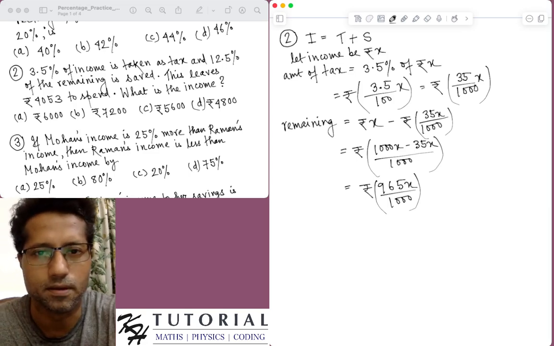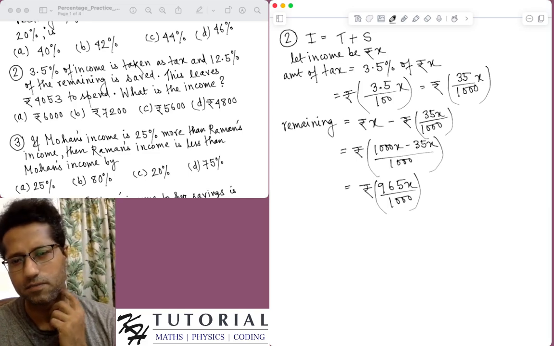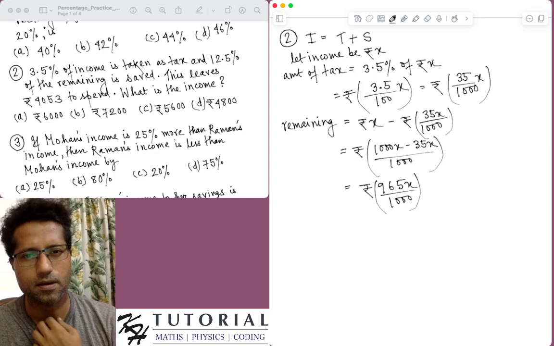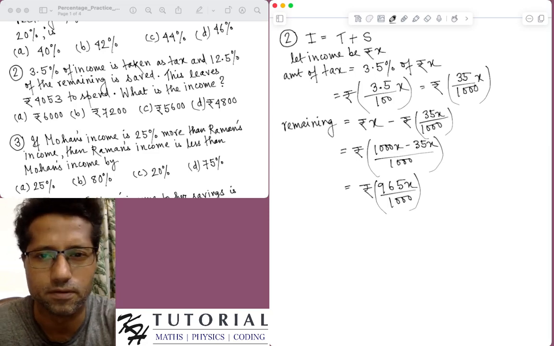This is the remaining after the tax has been taken, and then 12.5% of the remaining is saved.